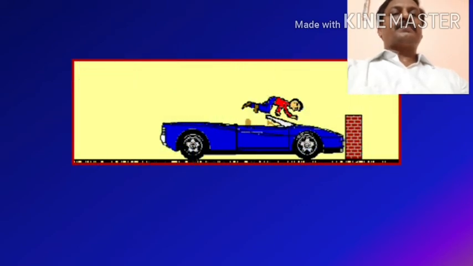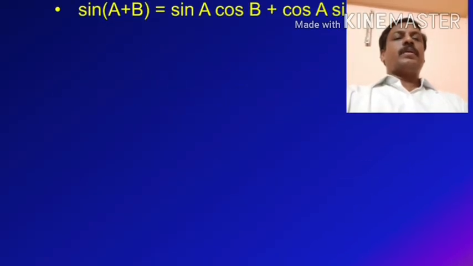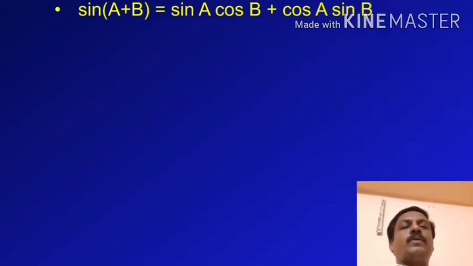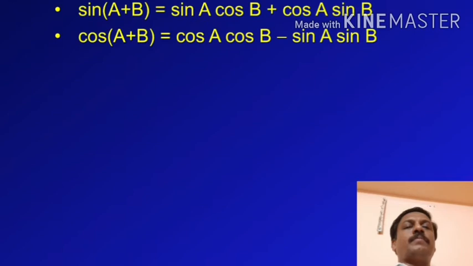In the next slide we will see some important trigonometric formulae. Sine of a plus b is equal to sine a cos b plus cos a sine b. Then cos of a plus b is equal to cos a cos b minus sine a sine b.